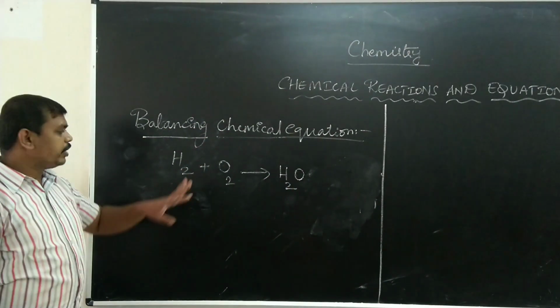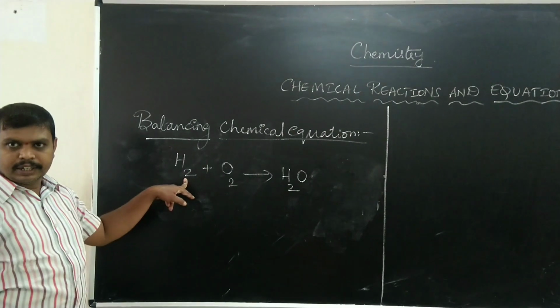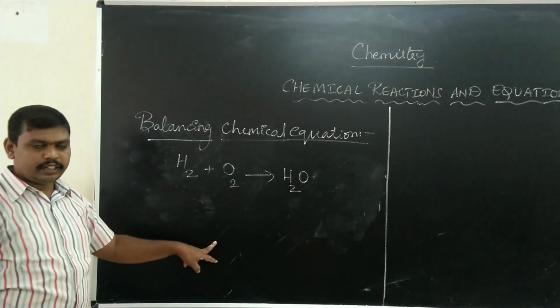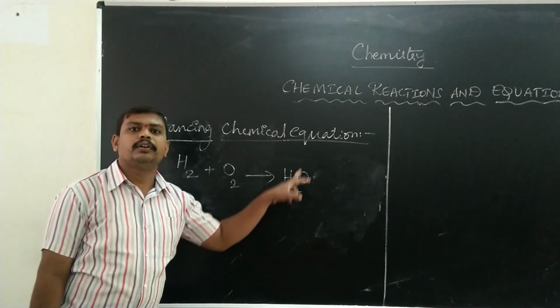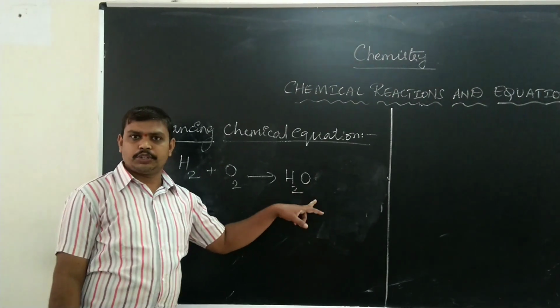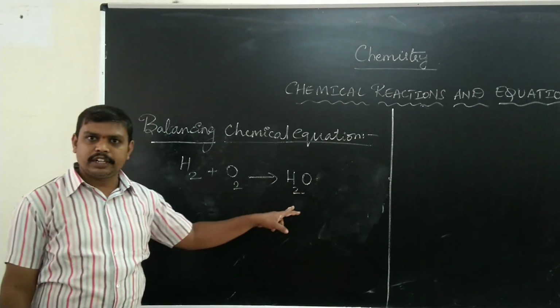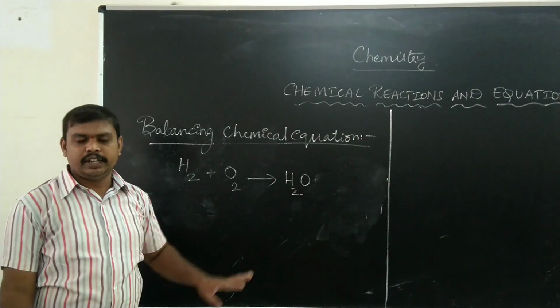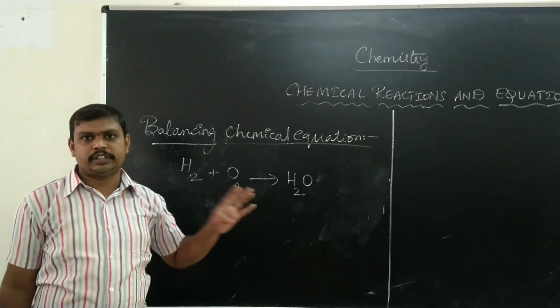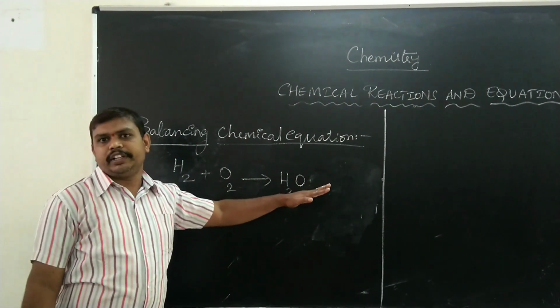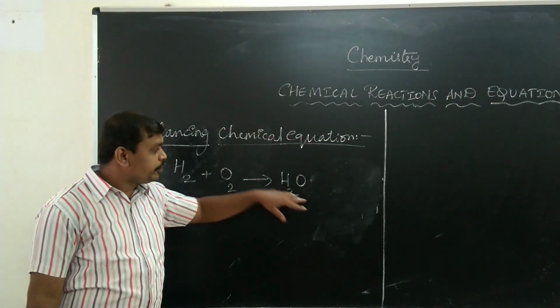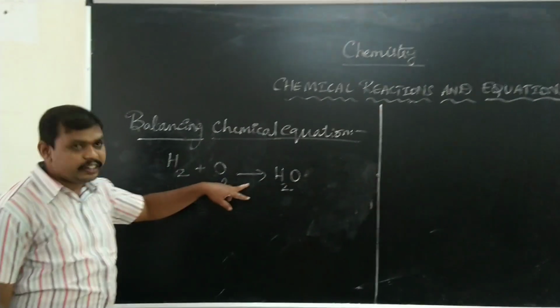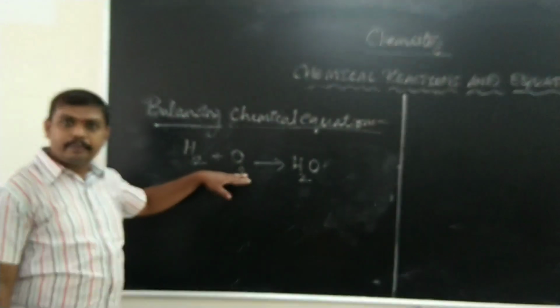When you observe here, we have two molecules of hydrogen plus two molecules of oxygen, which will give rise to what here? Water, that is H2O. That is, two molecules of hydrogen plus one molecule of oxygen. H2O is nothing but water, the standard formula of water. That means when you observe the left hand side and the right hand side here, is the equation balanced?